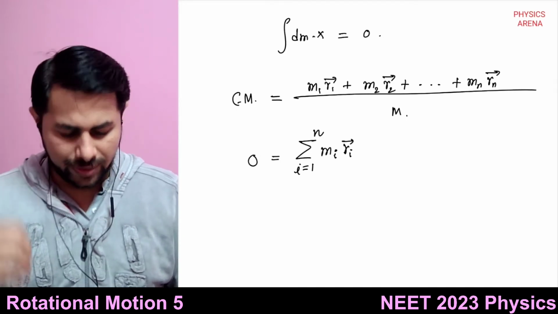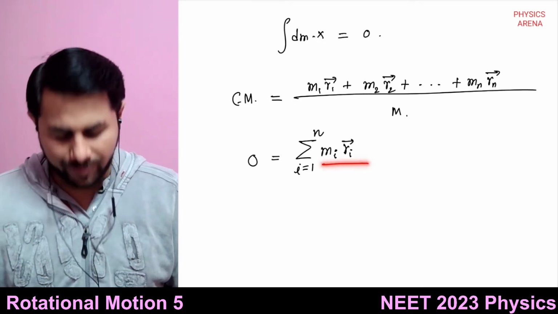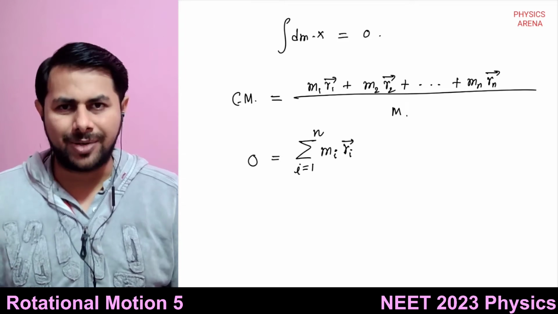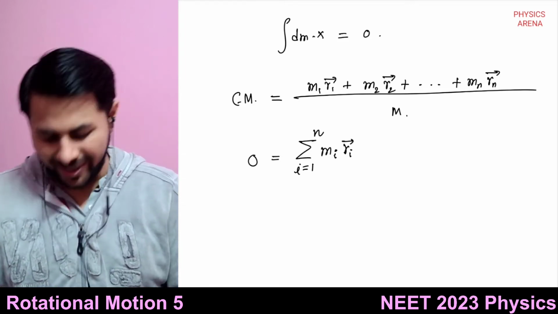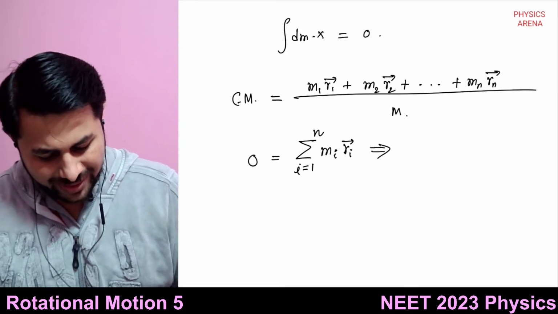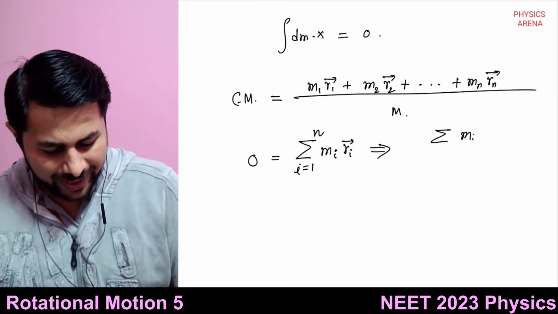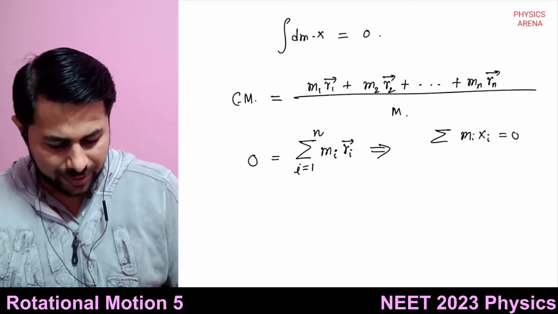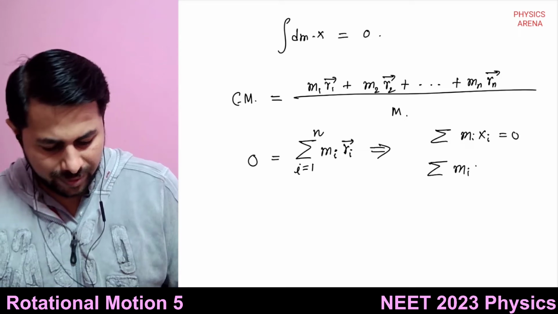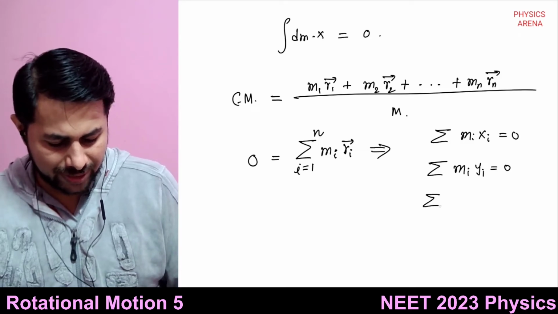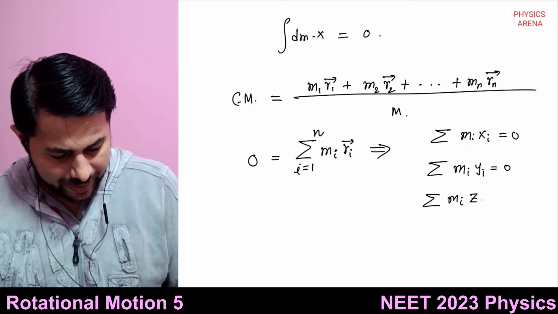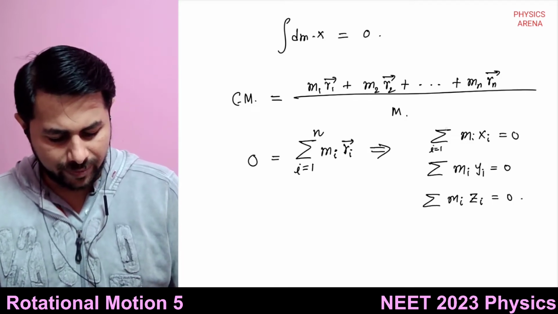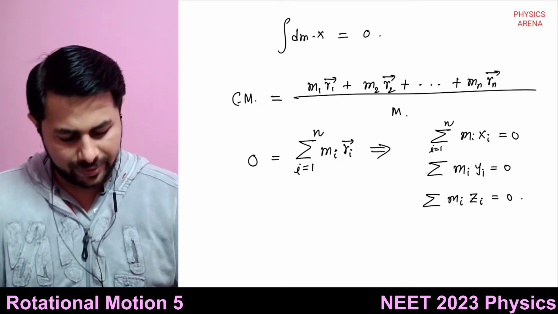So if the summation of mi ri bar is equal to 0, it means that the summation of mi xi is equal to 0, the summation of mi yi is equal to 0, the summation of mi zi is equal to 0, identically all summations with i from 1 to n.